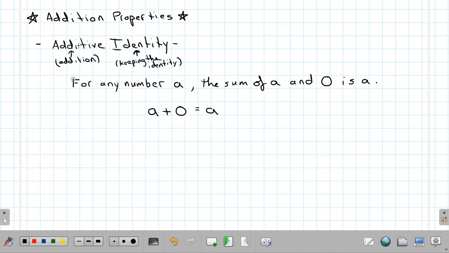Okay, so we want to add something to where the number keeps its identity. Well, the only number we can add to something to make it keep its identity is the number 0. Okay, so since that's the only number we can add to something to keep it the same, we call 0 what the property is called. We call it the additive identity.